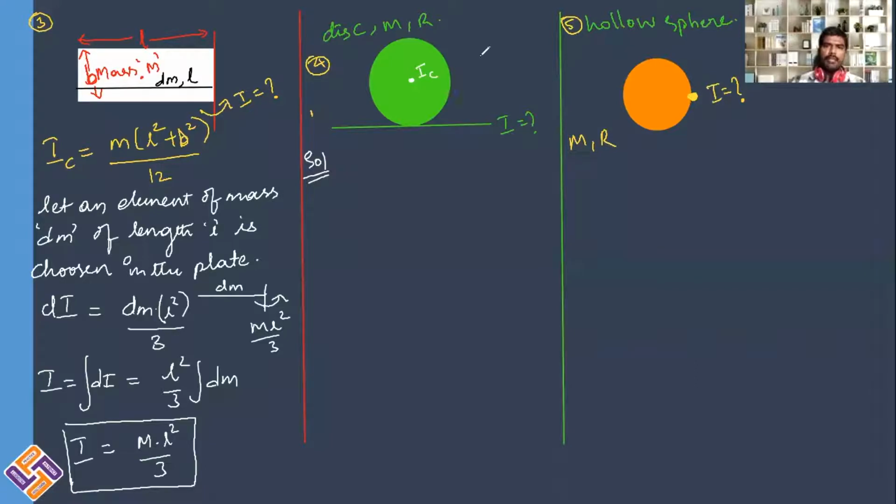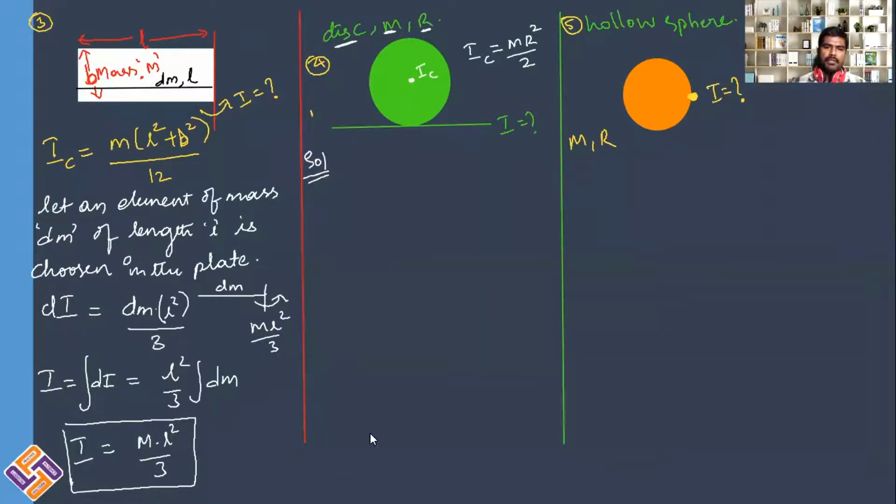What is the moment of inertia about the center? It is m r square divided by 2. This is for a disk, already calculated. For this disk whose mass is m and radius is r, the moment of inertia is IC, which is m r square by 2.